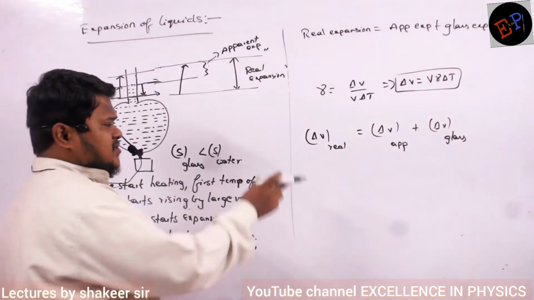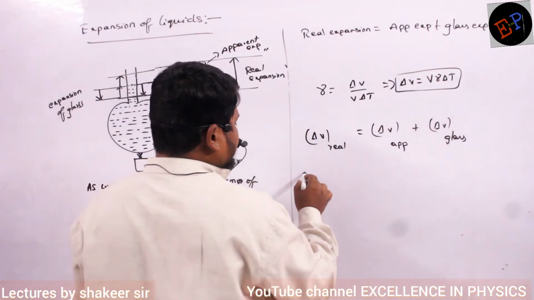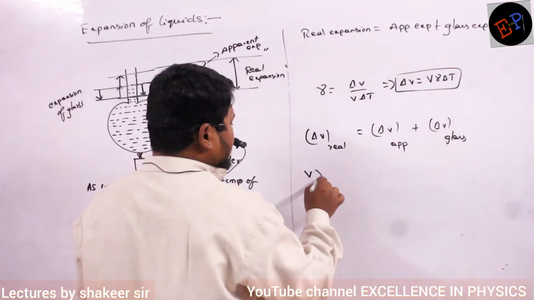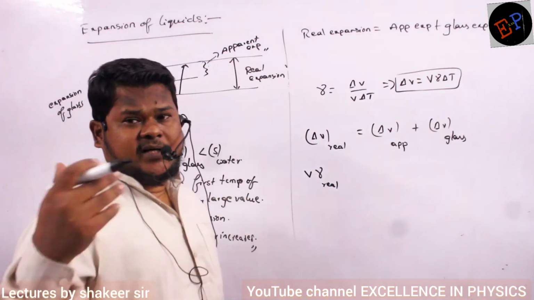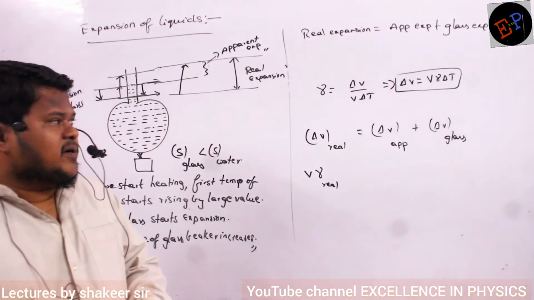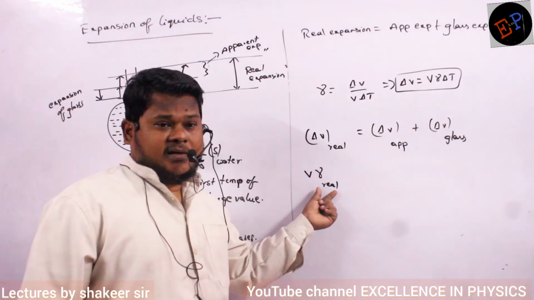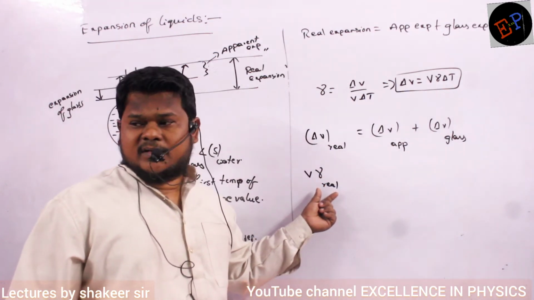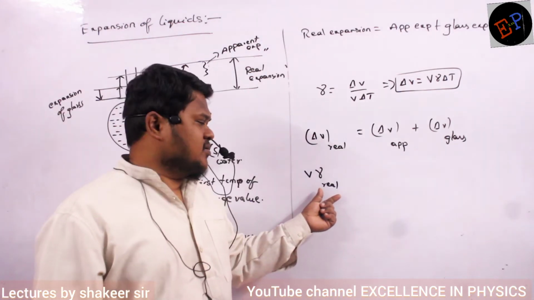Okay. And same relation I want to write in terms of the actual equation. How can I write? V means original volume. Gamma means, here I will write gamma real. Okay, for 3 different conditions, I can write 3 different gamma values. If I want to measure only real expansion, I will calculate gamma real. Coefficient of volumetric expansion for real expansion. Understood, no?